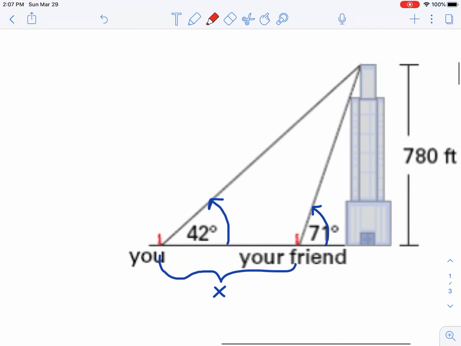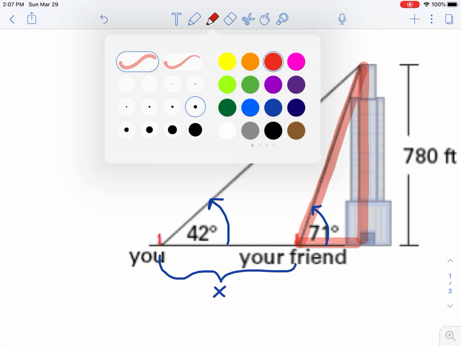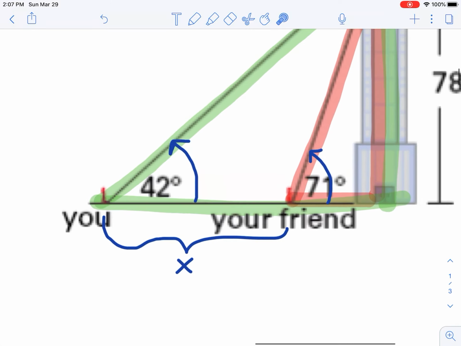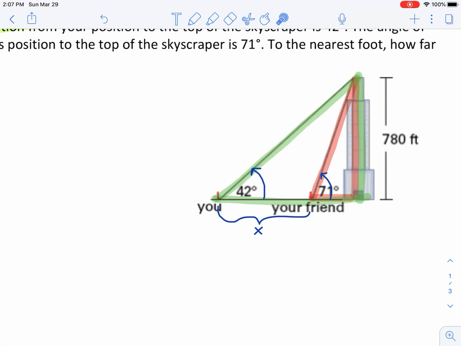And if you notice here, we have one right triangle here and another right triangle here. So you can solve for your distance x, but really what you have to do, think about it.